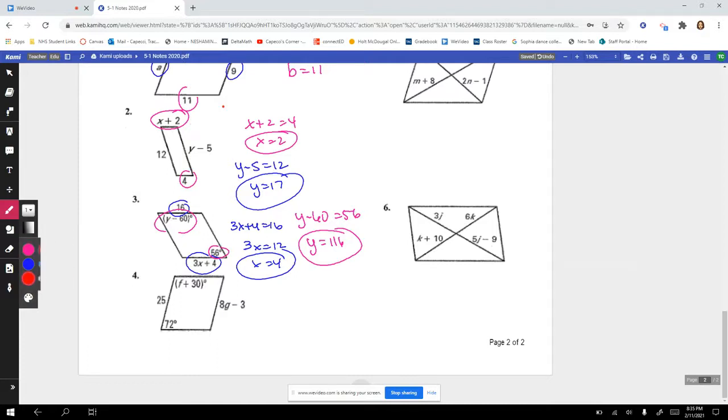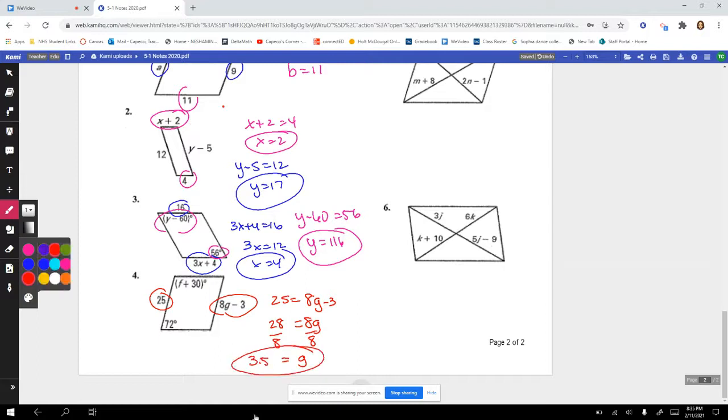All right, looking at number 4, I have 25 is the same as 8g minus 3. So that gives me 8g is equal to 28. Divide both sides by 8. In this case, I have g is equal to 3.5. Now, again, I have angles that are consecutive, right?